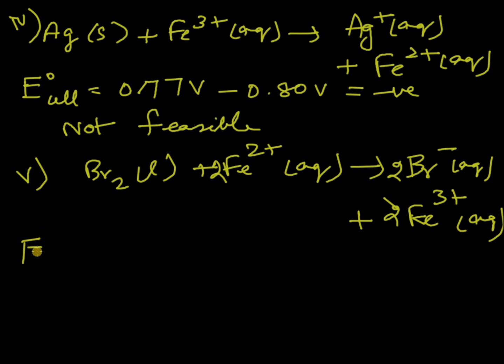So E naught cell is equal to E naught of cathode, which is the iron, 0.77 volt, and the anode has a potential of 1.09 volt.